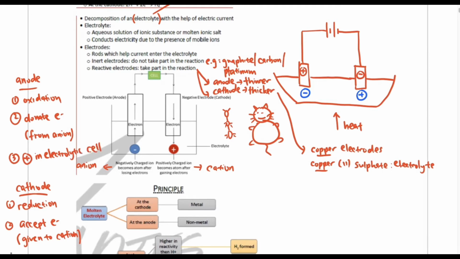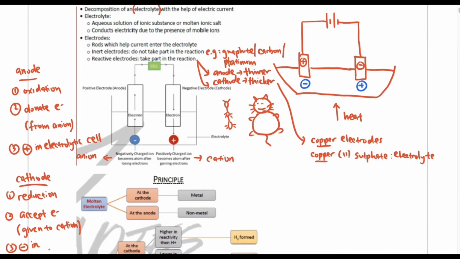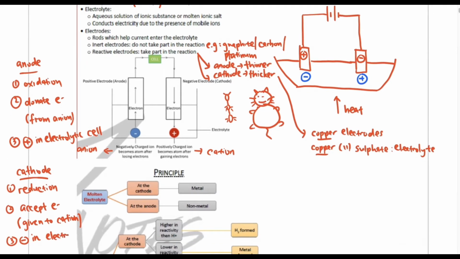Number 3, cathode is negative in electrolytic cell. So far I just put 3. I gather up the information for anode, and I gather up the information for cathode. I put it together so that you can see it clearly.